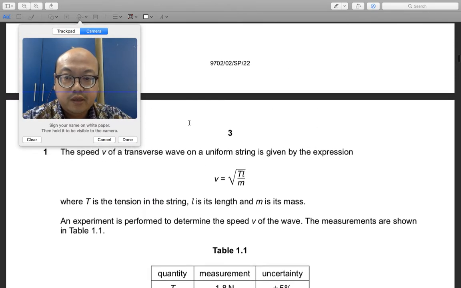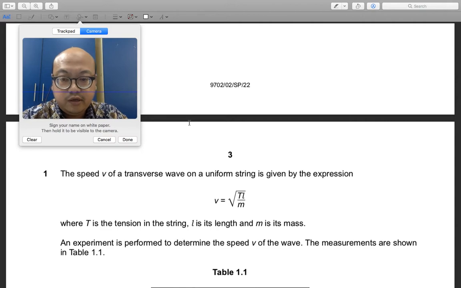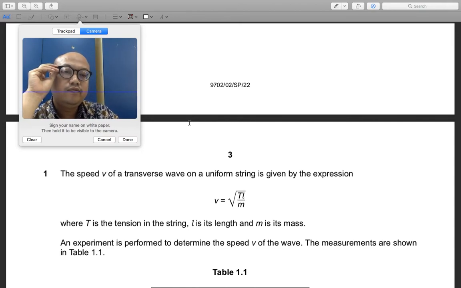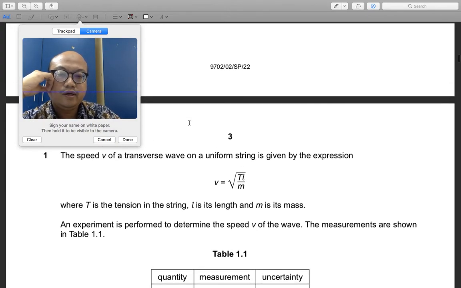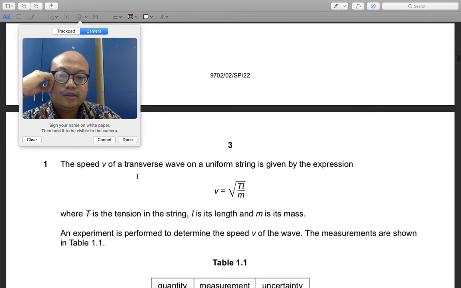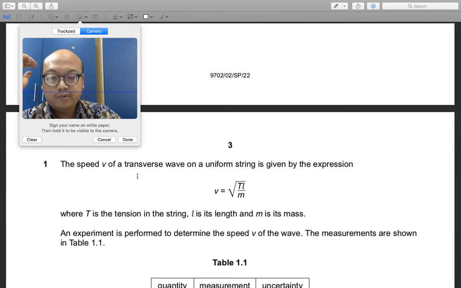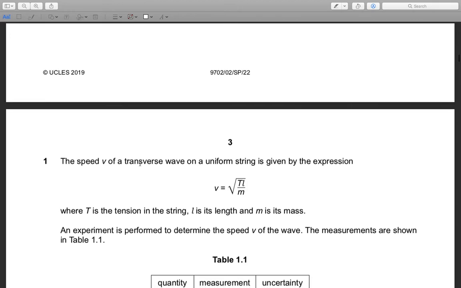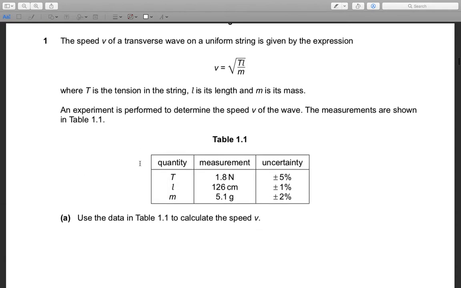Number one. The speed v of a transverse wave on a uniform string is given by the expression v equals the square root of TL divided by m, where T is the tension in the string, L is the length, and m is its mass. An experiment was performed to determine the speed v of the wave.